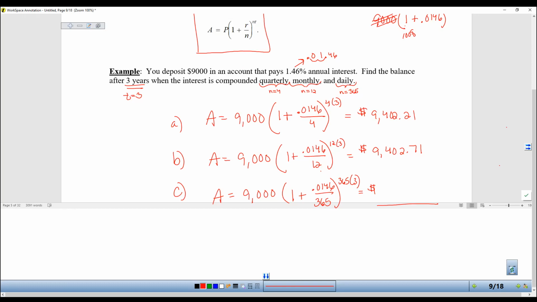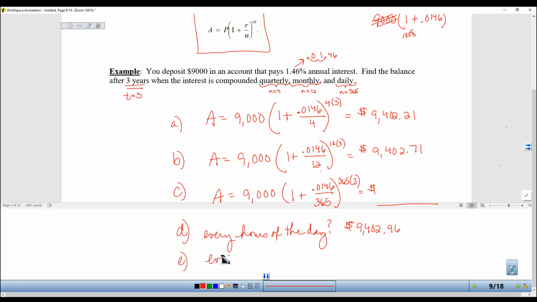However, it does have a natural limit. So even though this isn't here as a question, what if you compounded the interest every hour of the day? Then how much money would you have? You would have $9,402.96. By the way, now you know that this answer should come out in between 71 cents and 96 cents.